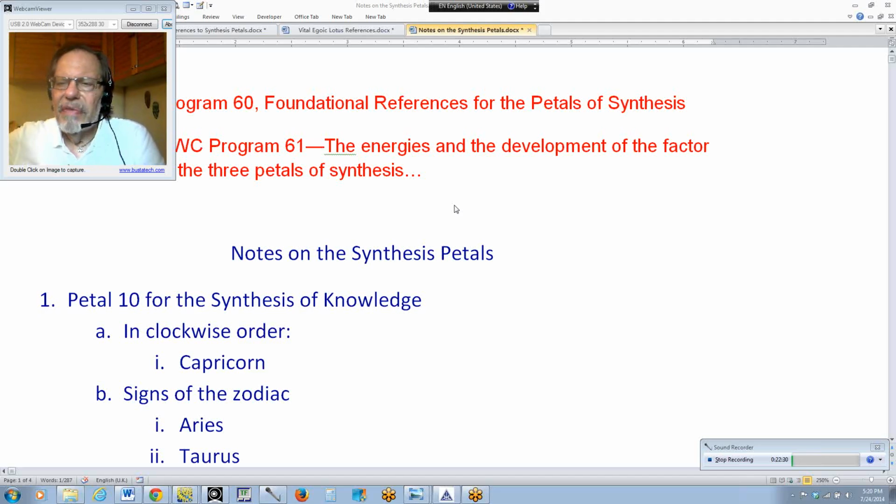So this is a kind of speculative program. It's petal number 10, which is the Synthesis Petal of Knowledge, and I'll say things as they come to my mind. We know we are dealing with synthesis because we've got that 1 in front of the other number. And number 1 and number 10, number 100 and so forth and on, these are numbers of synthesis.